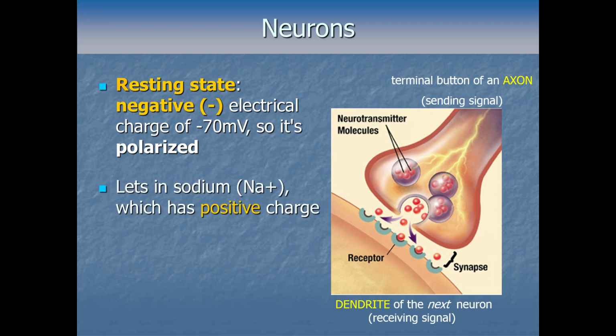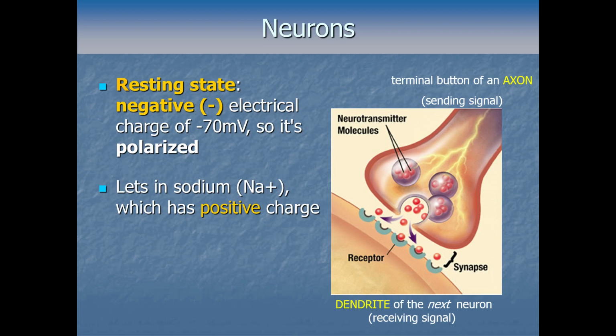Now, when the ion channels open up, because a receptor got filled, it got unlocked, this ion channel lets in a bunch of positive ions. Specifically, sodium, Na plus, will flood in, and that means a lot of positive charge. It'll make the inside of the neuron less negative. So instead of negative 70 millivolts, it gets closer to zero.